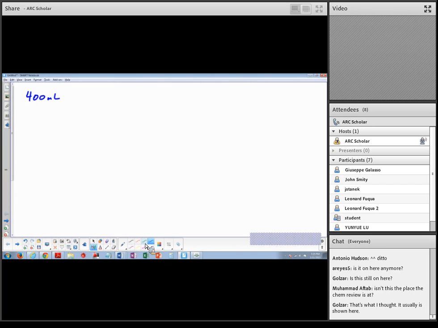Okay, if I had 400 mils of 1 molar formic acid, it wants to know how much sodium formate to buffer at a pH of 3.5.